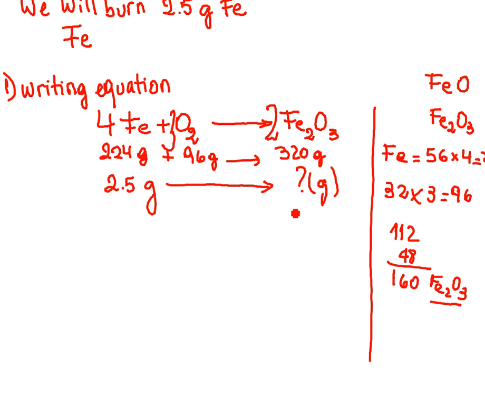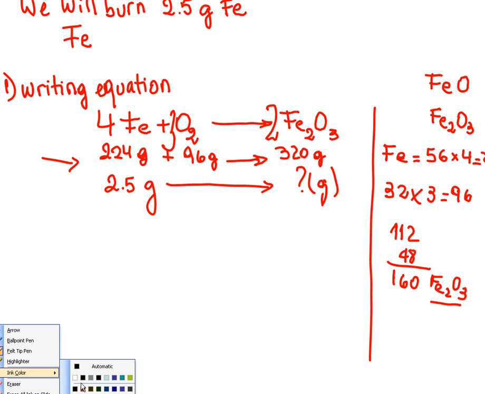Can we verify if that is right or wrong? We can add the masses before the arrow, the masses of the reactants, and it has to be the same as the masses of the products. Now look at this. I wrote with 2.5 grams how many grams of iron oxide I'm going to obtain. Look at what I'm going to do.